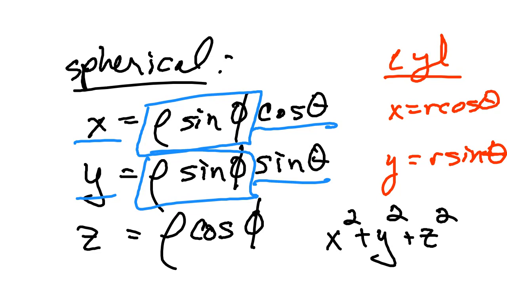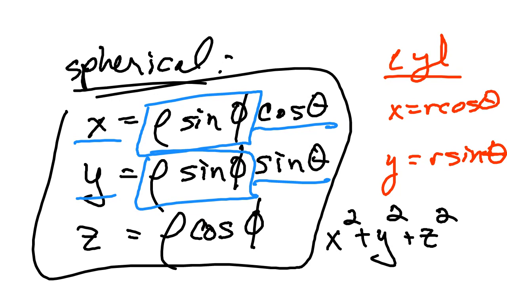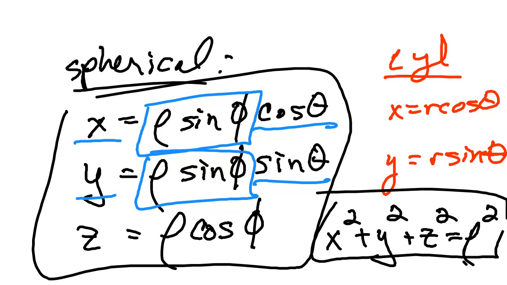If you squared all three of these out and added them all together, x squared plus y squared plus z squared, you're going to find out that it ends up equaling rho squared. So this is a really nice equation that we have as well in spherical coordinates. They do go through the details of that on the middle of page 1072. So instead of me going through all that, I've kept you long enough today.